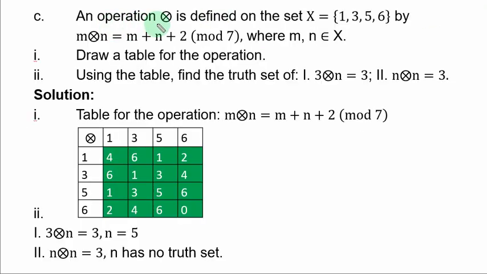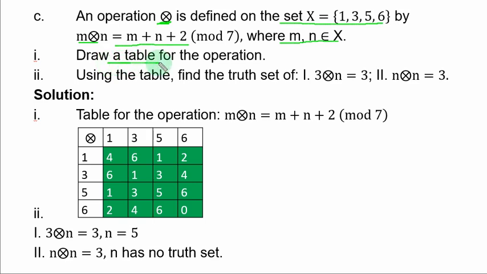11C, an operation. This operation is multiplication in modular arithmetic, is defined on the set S equal to curly brackets 1, 3, 5, 6 as the element by m times n equal to m plus n plus 2 modulo 7, where m, n are members of S. Figure 1.